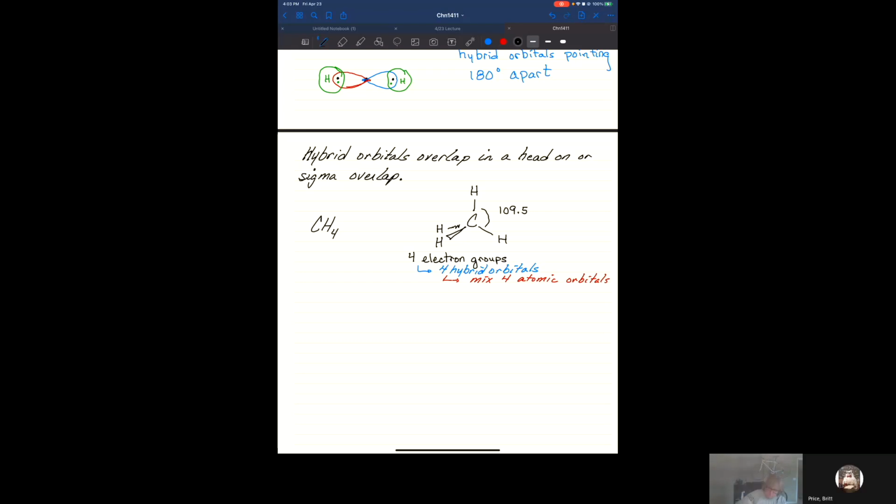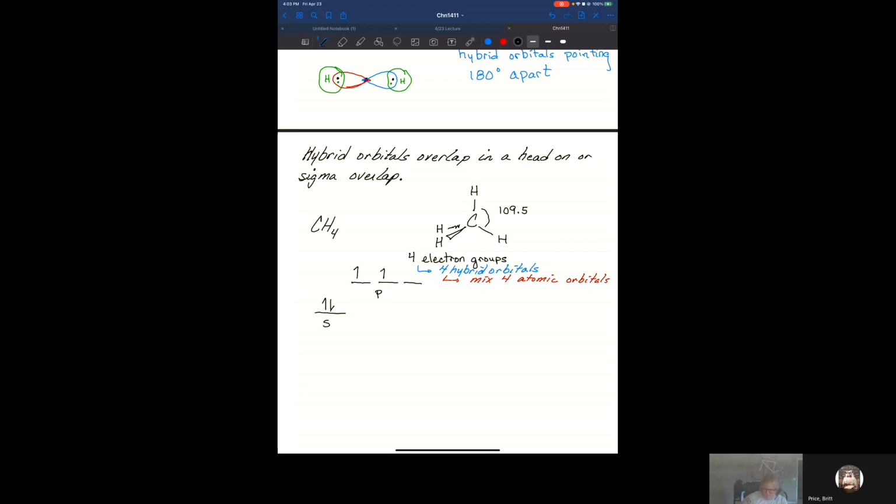Once again, taking a look at the orbital diagram for carbon, group 4. So here's s. And here's my p's, px, py, pz. 1, 2, 3, 4.